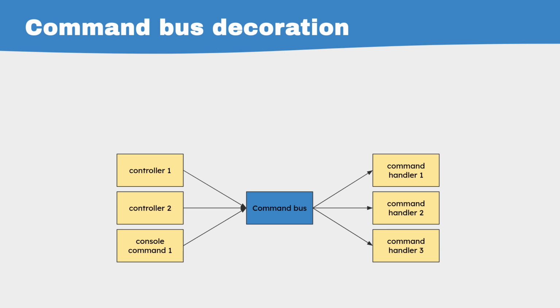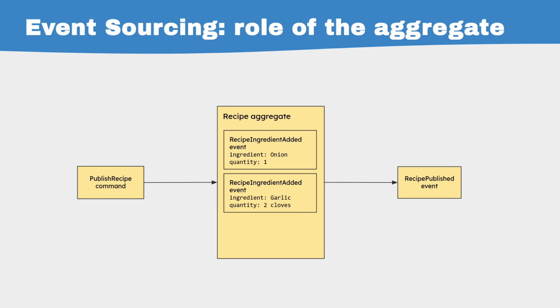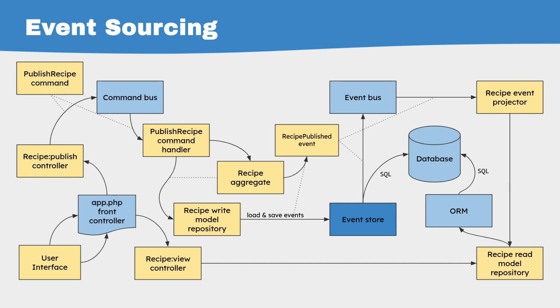Okay, so there are two places where you can read a recipe in such a case. You have, when executing your writes, your write model repository loads all the events from the event store and then reconstructs a recipe aggregate from those events.